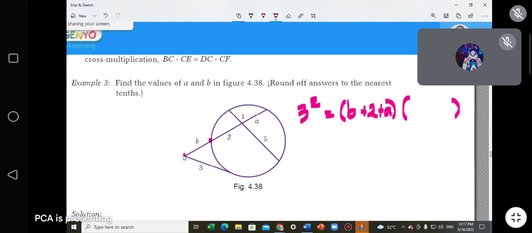From this point to that point, it's just B. It's B, then 2 plus A. The B is read because it's the whole segment, while 2 plus A alone is the internal segment. For the secant segment, you involve only the external part and the whole segment.